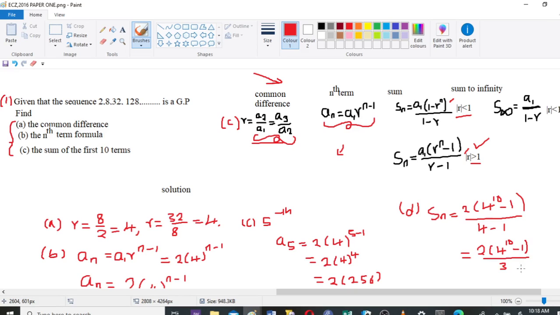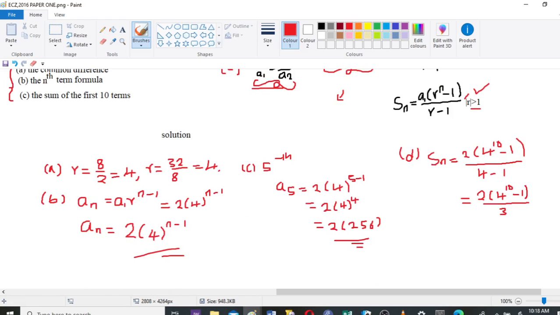Since this is Paper 1, you can leave it here because you do not have a calculator. If you want to go further and see the answer, you can multiply, but 4 to the power 10 is a very big number. You can just leave it like this. It's fine, you'll be marked correct.